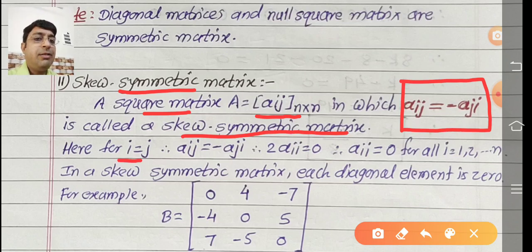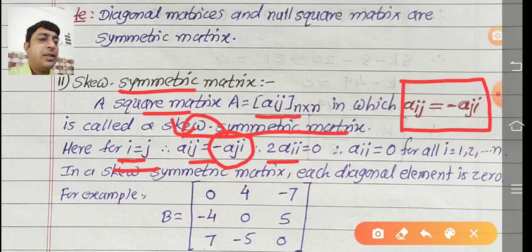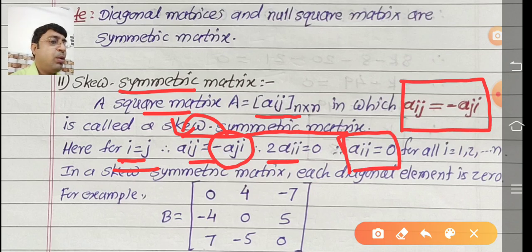Here for i is equal to j, Aij is equal to minus Aji. This condition is given. So this minus Aji we are taking on the left hand side. So 2 times, because i and j are the same, that's why 2 times Aii is equal to 0. 2 is shifting to that side, so Aii is equal to 0, that is for all i values 1, 2, 3 up to n.